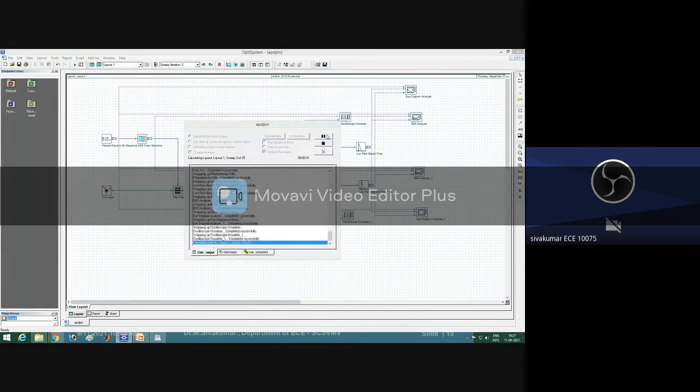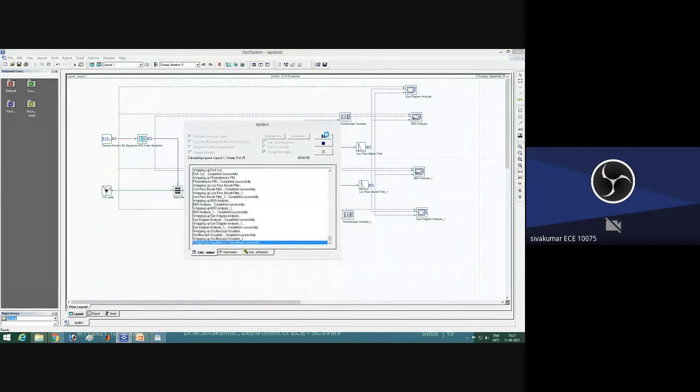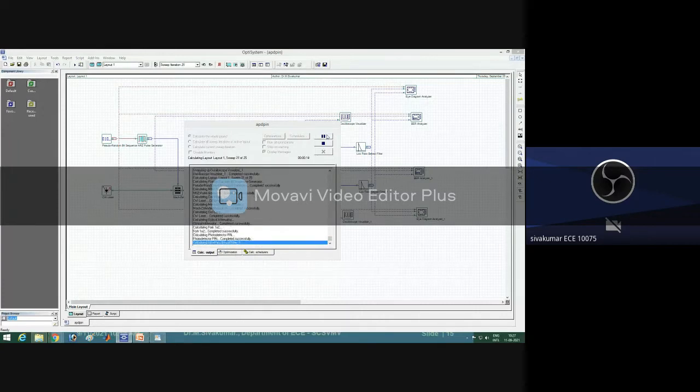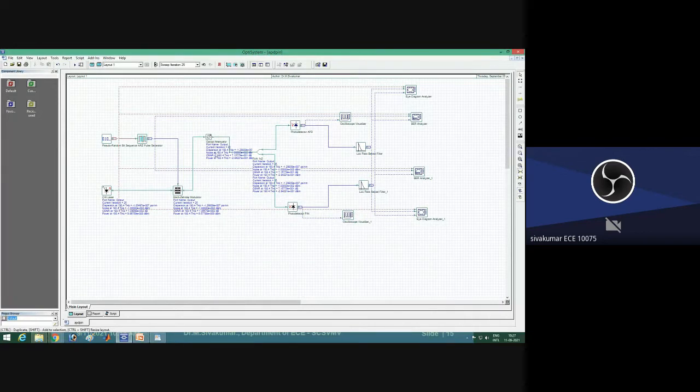Let's see. You can see in parallel how many iterations are going on. Now 25 iterations are over. Now you can see the parameters, where the values are shown here.